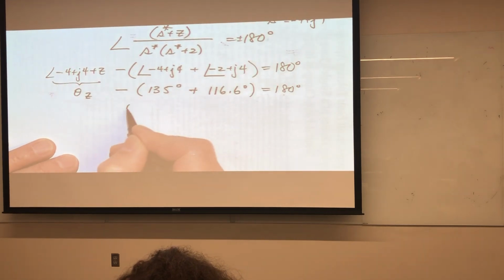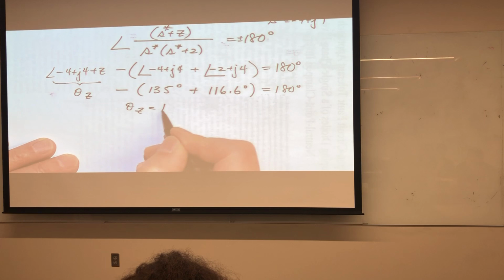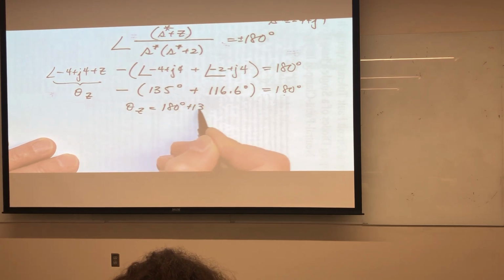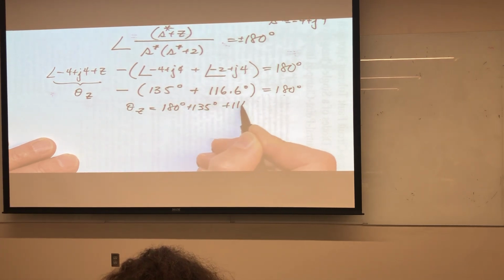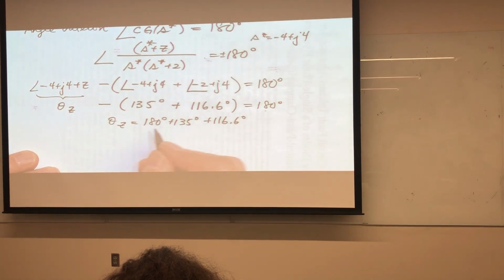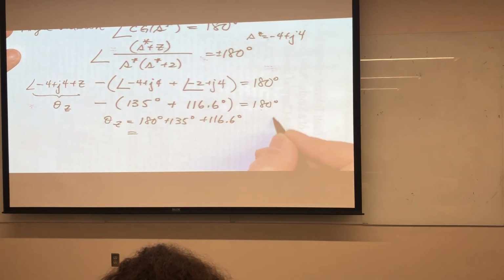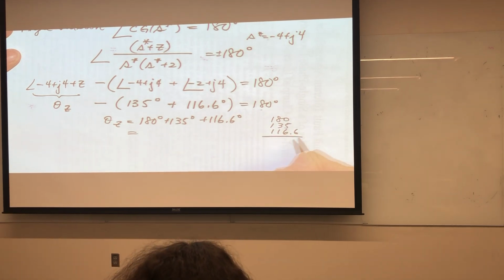Okay, so theta Z is equal to 180 degrees plus 135 plus 116.6. So what do we get for that? I get 431.6.